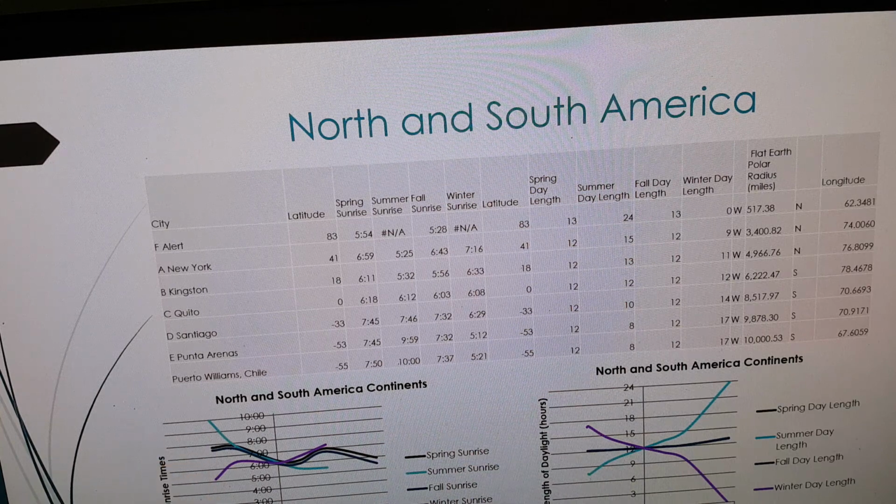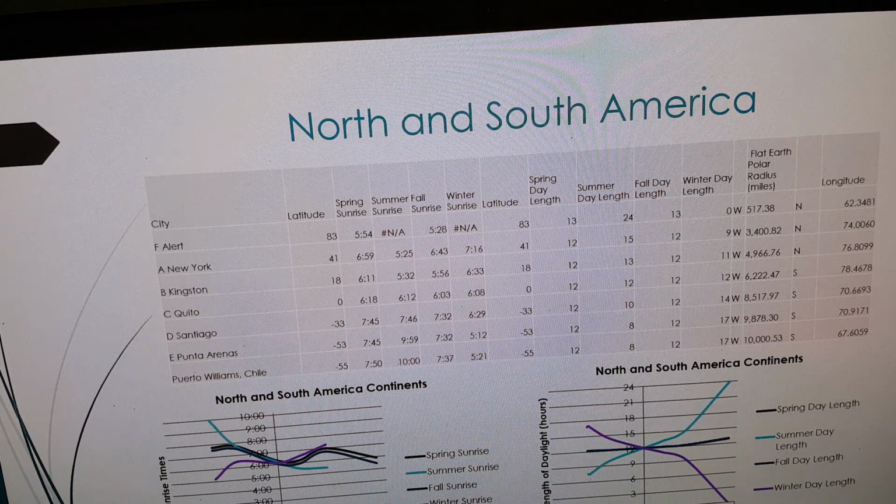And for the north latitudes, it's earlier in the day. For winter, it's just the opposite. For the south latitudes, the sunrise is earlier in the day, and for the north latitudes, the sunrise is later in the day.